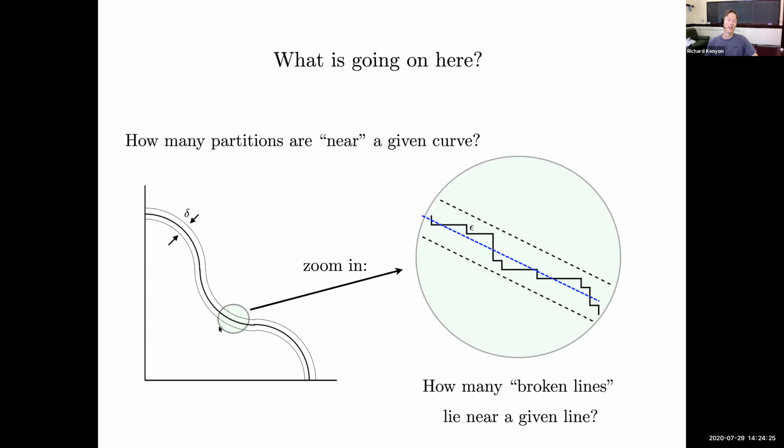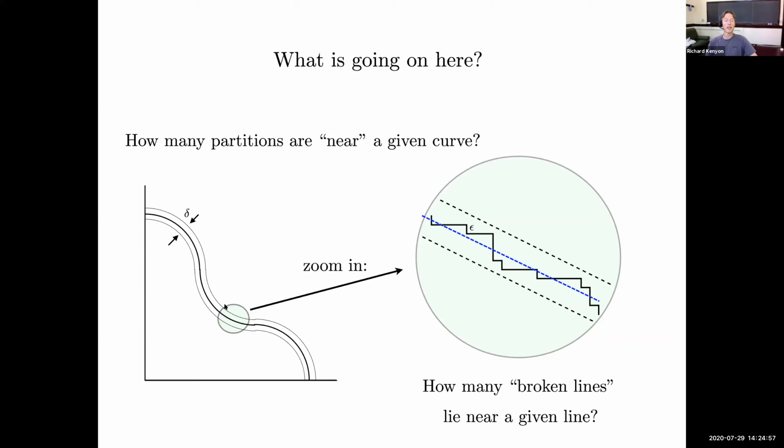And of course, when I zoom in to a location along this curve, what I see is that even though this curve may have a bunch of kinks in it, because it's a monotone decreasing function, it will be differentiable almost everywhere.